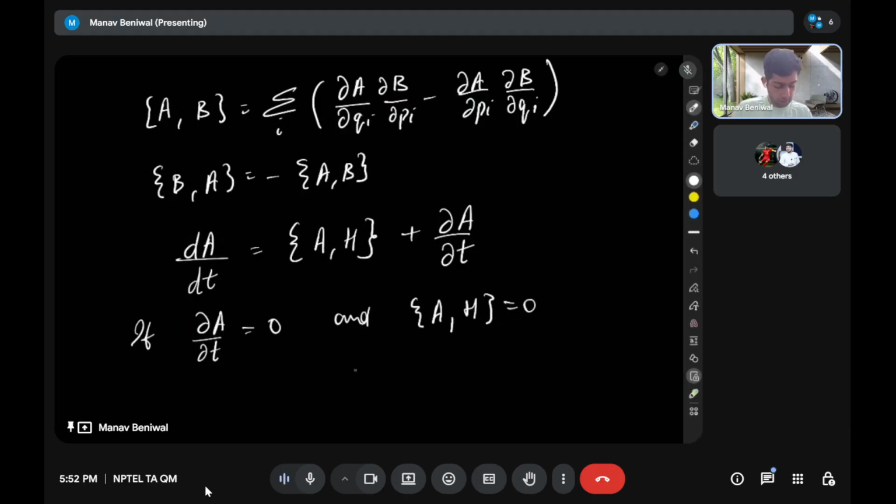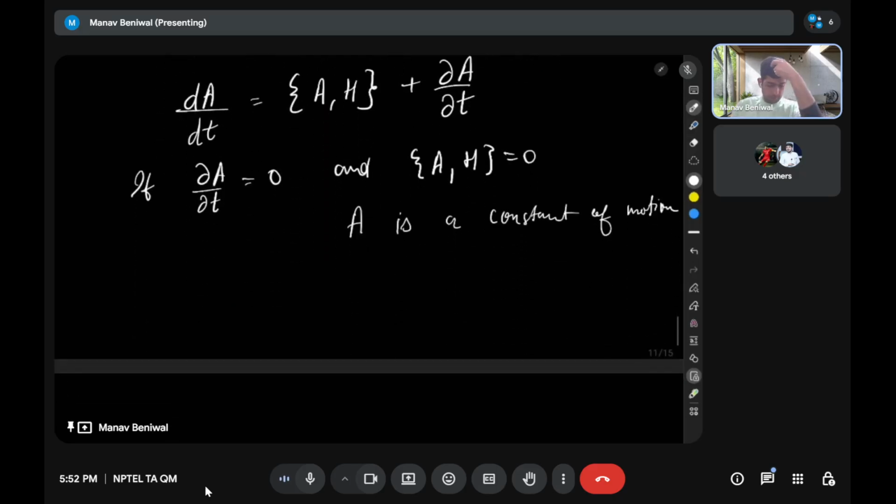So we call A a constant of motion, meaning that it is not changing with time. What are the two conditions? It should not have any partial dependence on time, and its Poisson bracket with H should be 0.